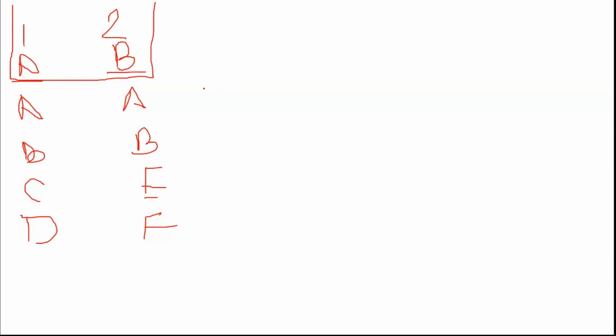Now I am implementing the inner join into it. In inner join, when you perform the task, it will extract only the common things out of the tables. The first thing that is common is A, so the result will be this one.